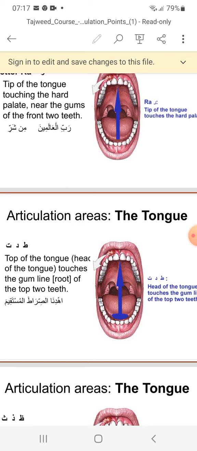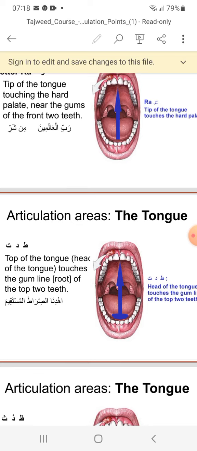We are using the expression top, the top of the tongue, not the head, okay? Because this will be mixing with the letters coming from the head of the tongue, which are the sad, the zay, and the sin, which we find this way in the Arabic tajweed books. So not to confuse you, we call those letters the ta, the dal, and the ta.